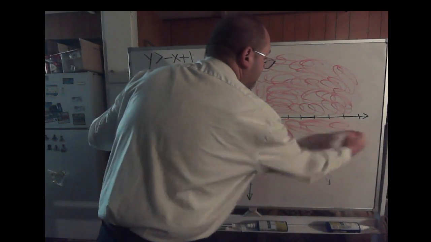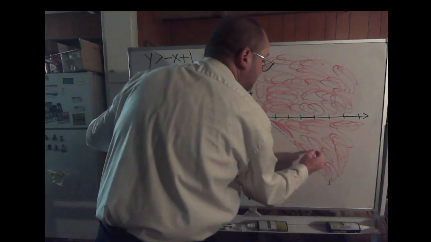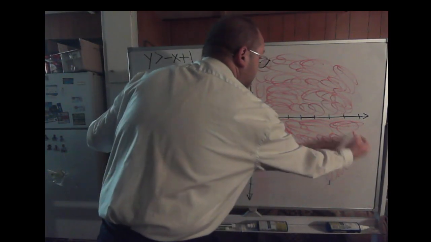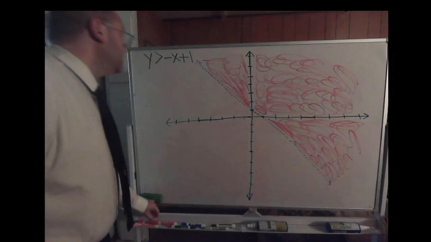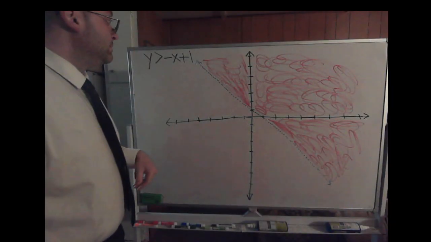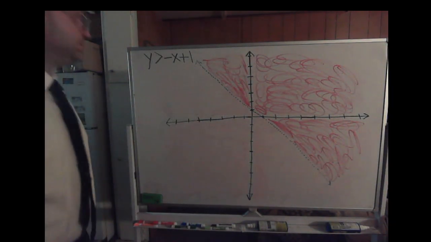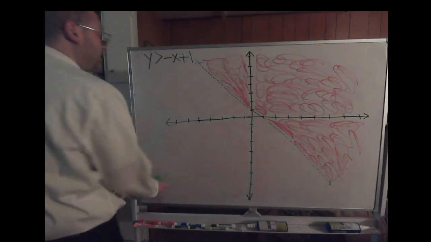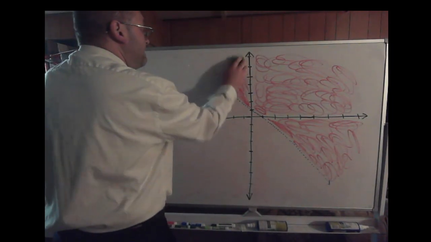Yep, we got quite a bit more shading here. So that's what you would get for your solution. You're including everything greater than negative x plus 1. That's how you would graph that. I have about 2 more and we're done.